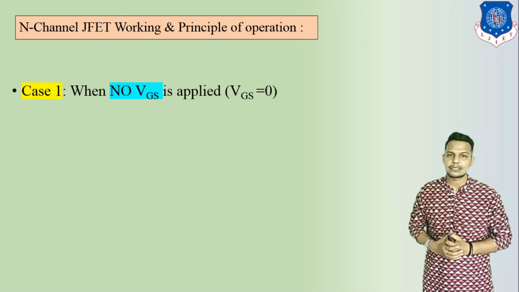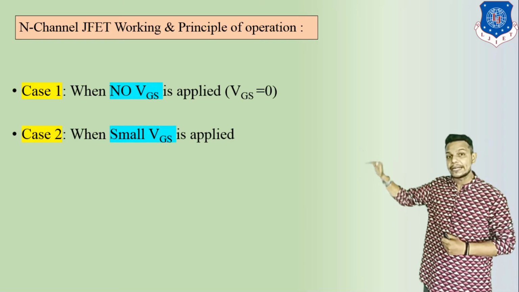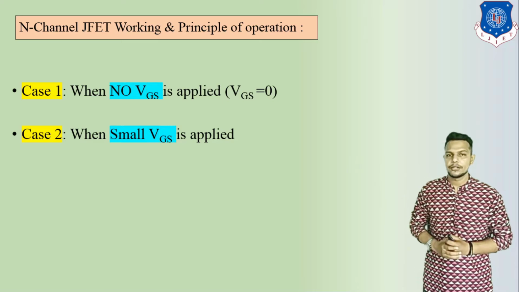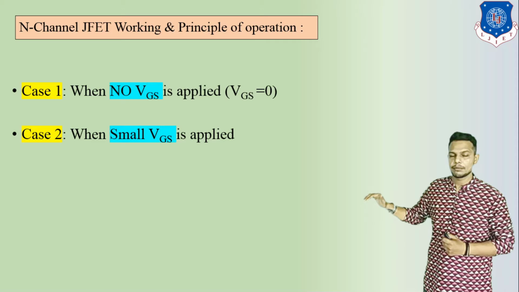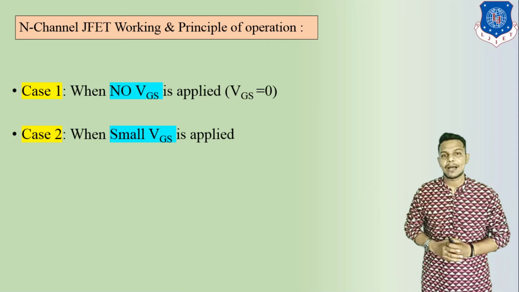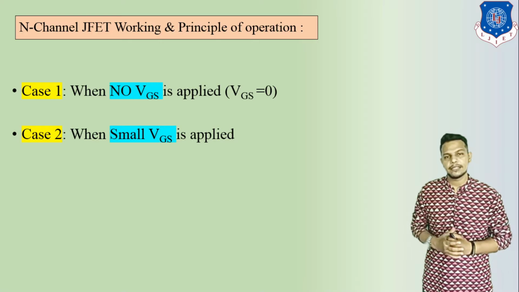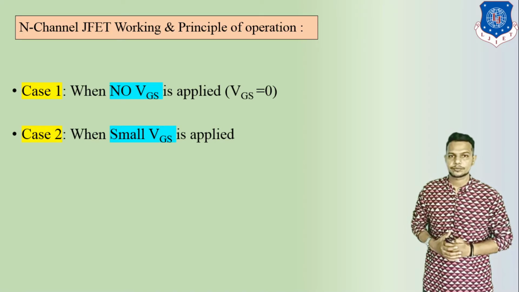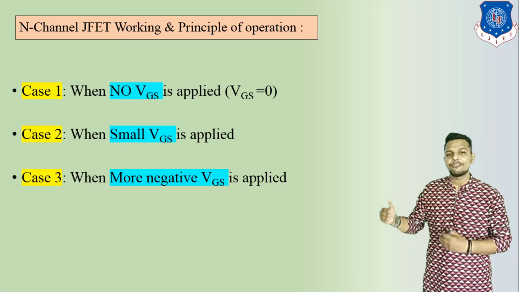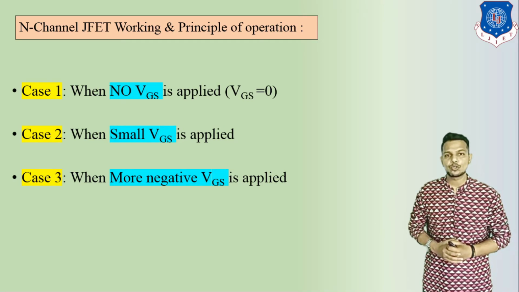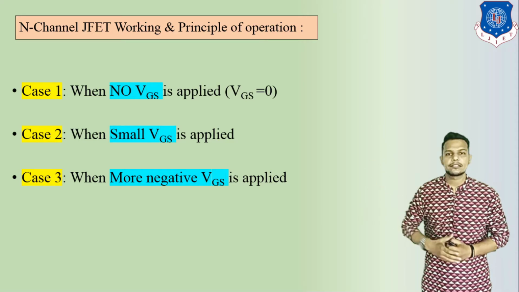We have to measure this. Case number 2, small negative VGS is applied. Remember, here we have to apply negative VGS because it should be in reverse bias, and then we will get the depletion region increased in that particular construction. And last, case number 3, more negative VGS is applied. So we have to conclude these 3 different cases in this theory.